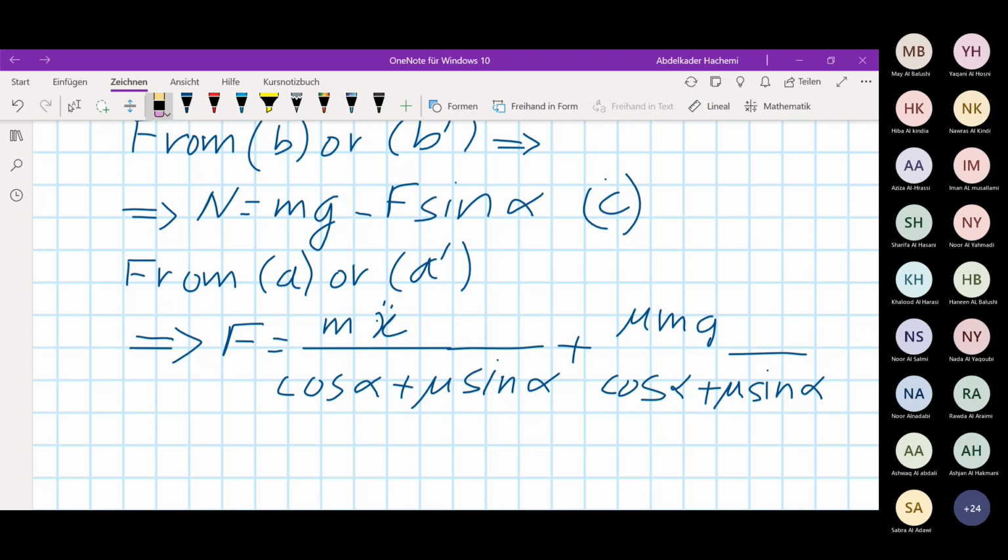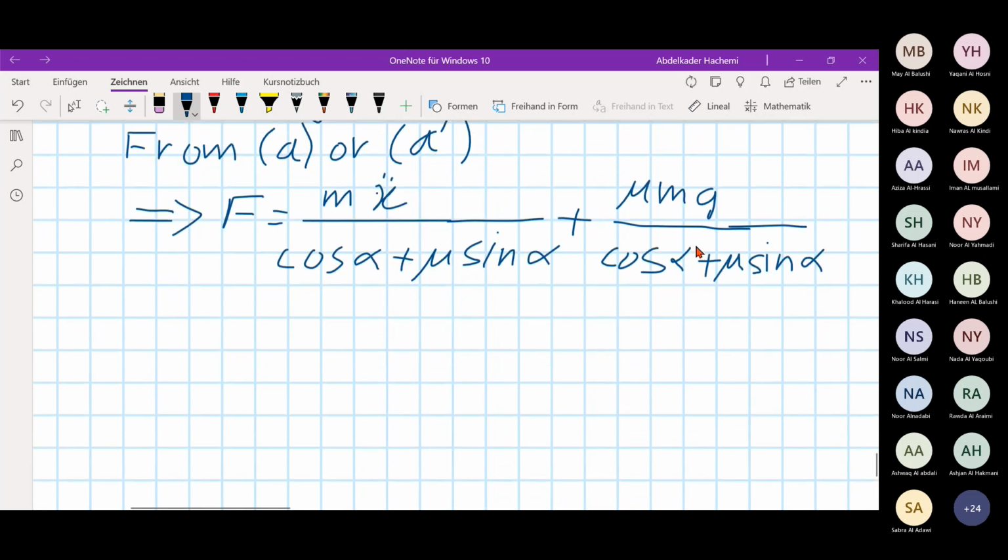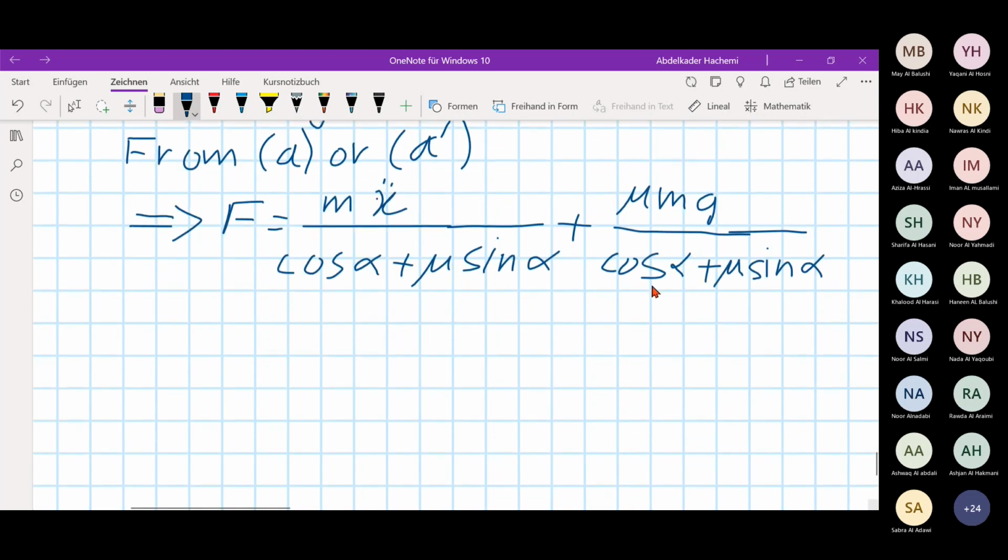Then for this expression, as alpha is an arbitrary angle, we can express sine alpha and cosine alpha from the triangle.